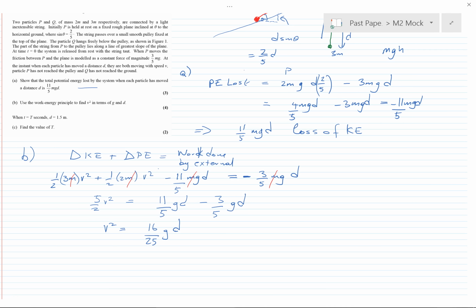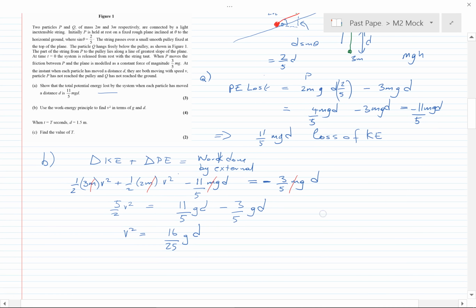Now onwards to part C. Right, okay, so for part C, we've got a bit unusual. It's given us that d is 1.5, which means that we can use this formula to work out v. So let's do that. v is equal to the square root of, well, this bit square rooted is 4 over 5.